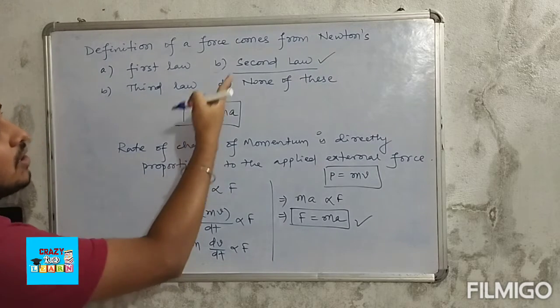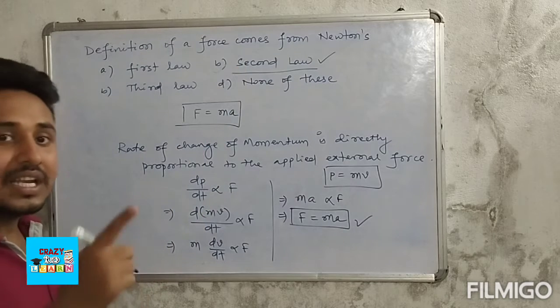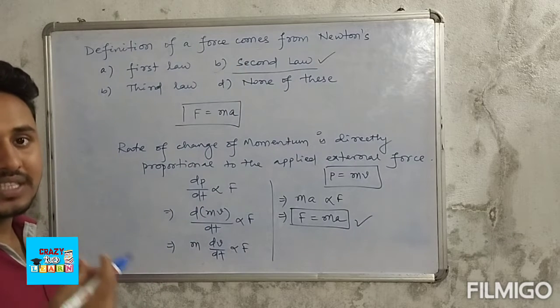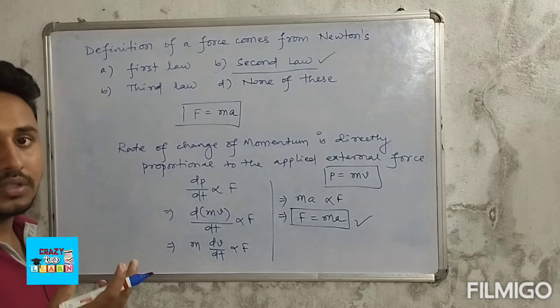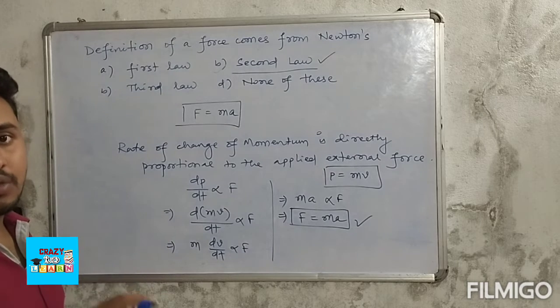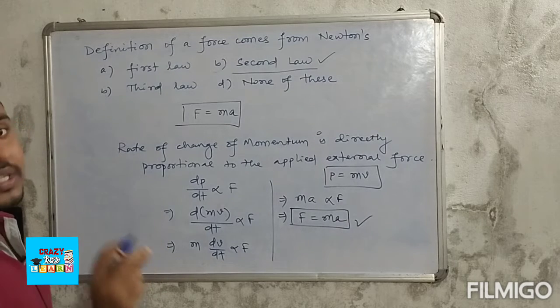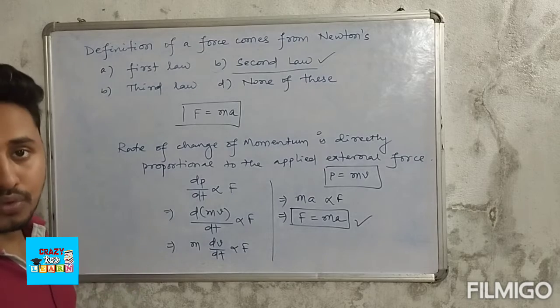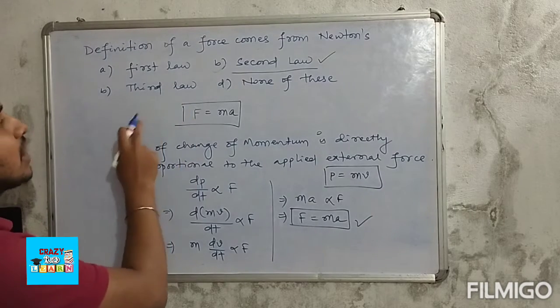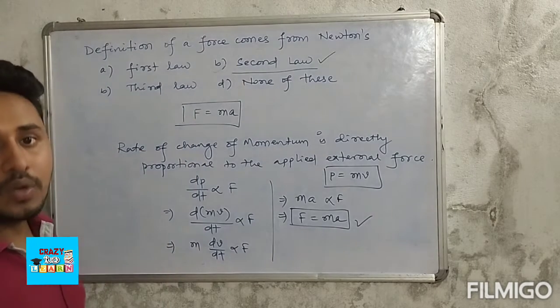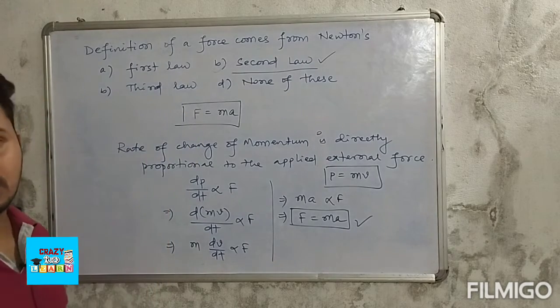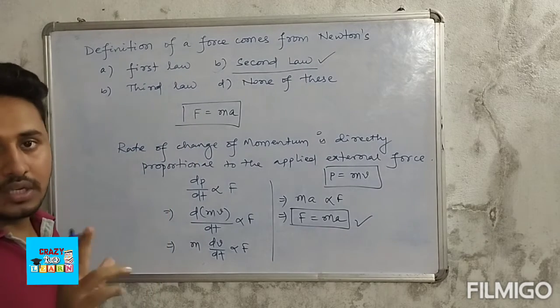In some exams it can be asked in a different way: which law is known as Newton's real law of motion? First law, second law, third law, none of these. So what will be the answer? The second law of motion is called the real law of motion. Clear?